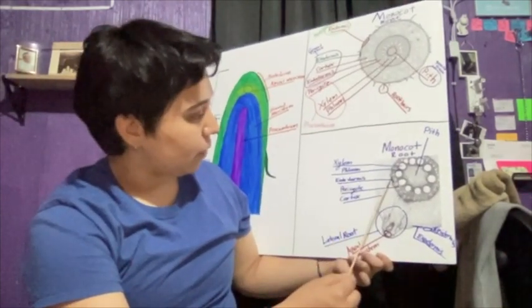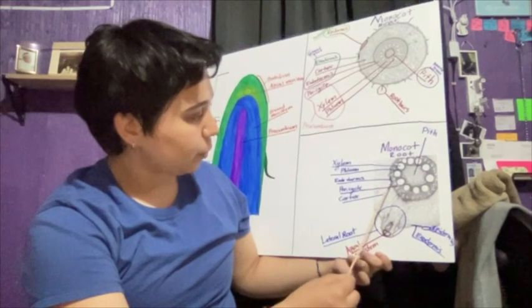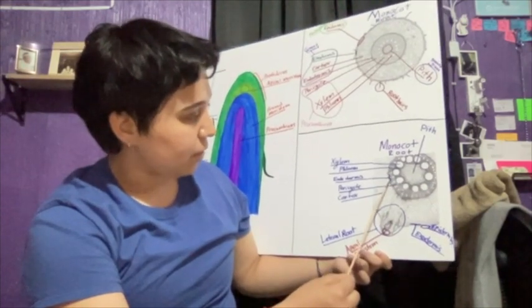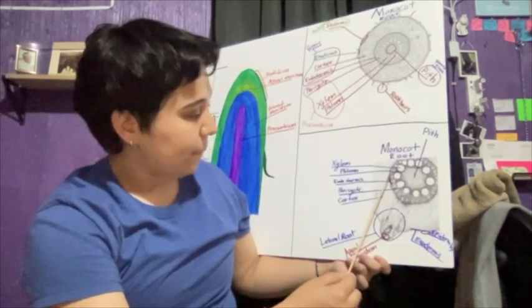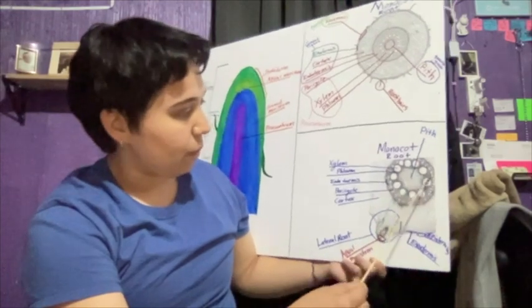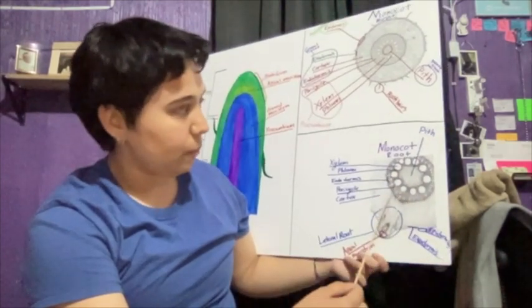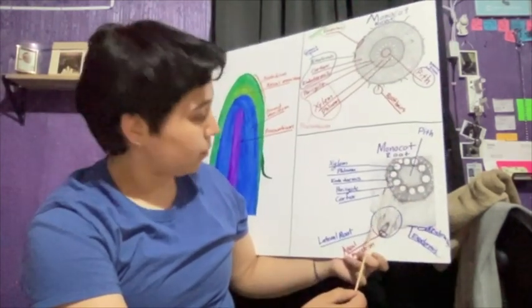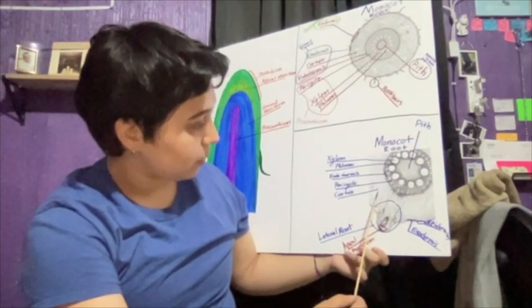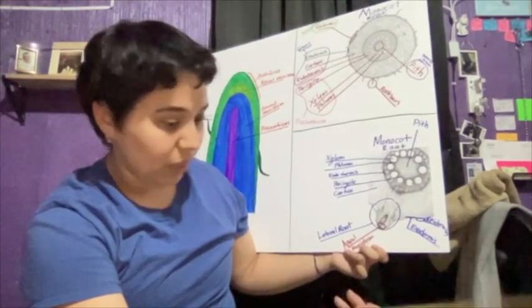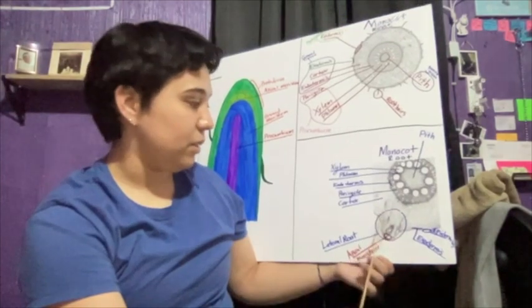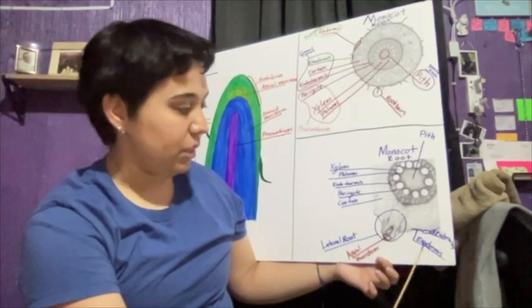And here's the endodermis. It serves as protection of the inside, the middle. Then we have the cortex, which basically does everything that the epidermis and exodermis don't do.